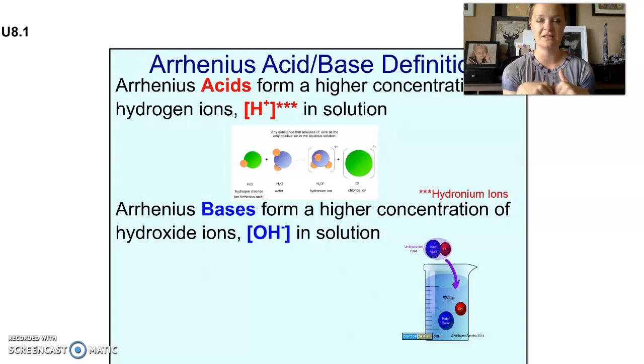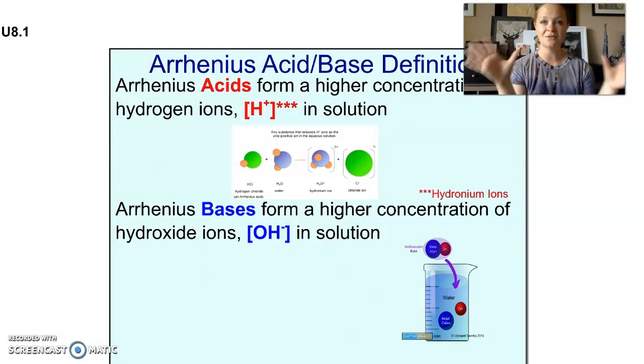They don't dissociate. And so this first day is usually focused on the differences between dissociating and ionizing, and then what makes something strong and weak when we use that term in chemistry, as well as what makes something an acid and what makes something a base.